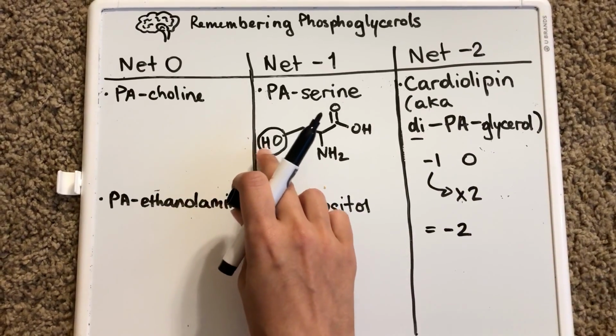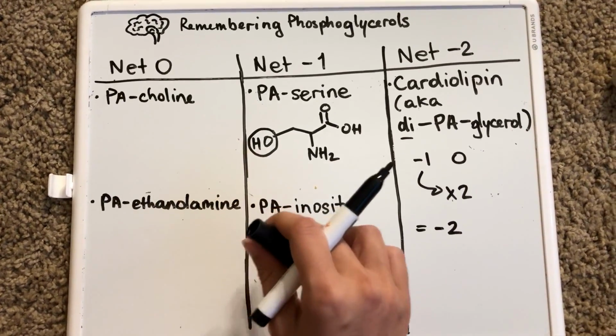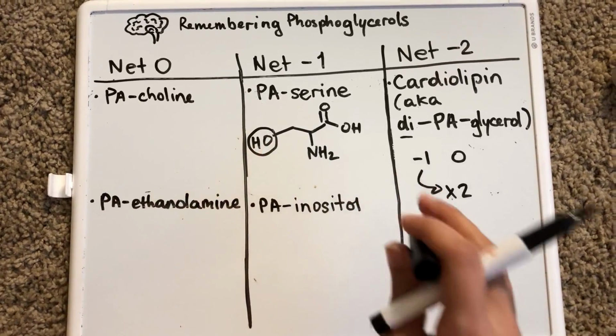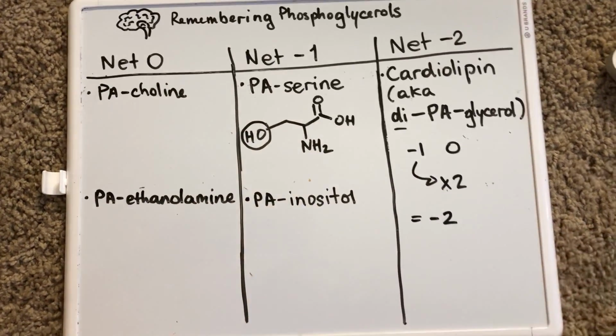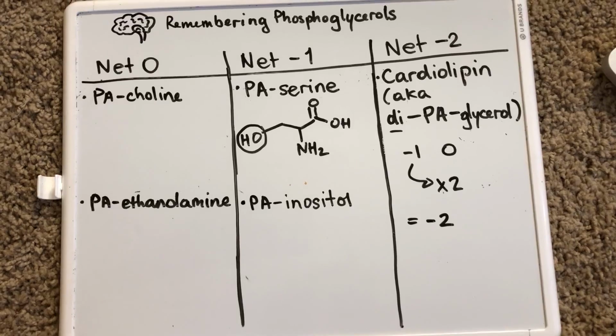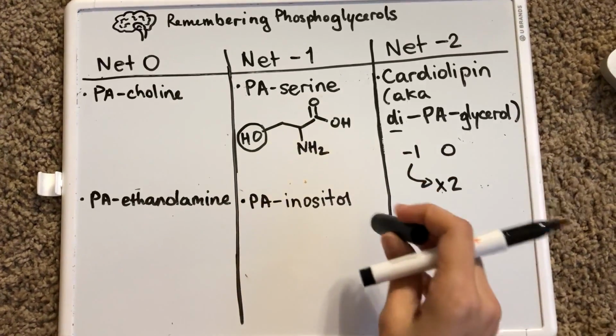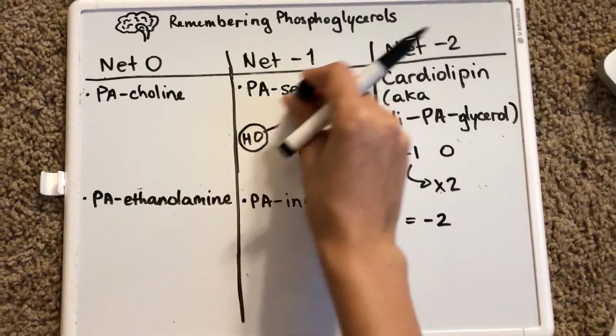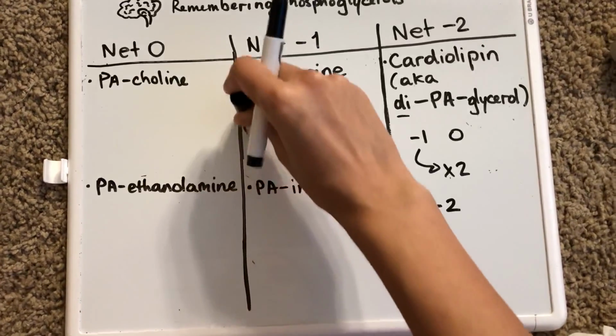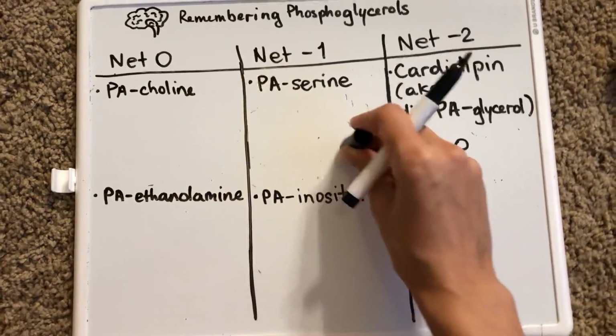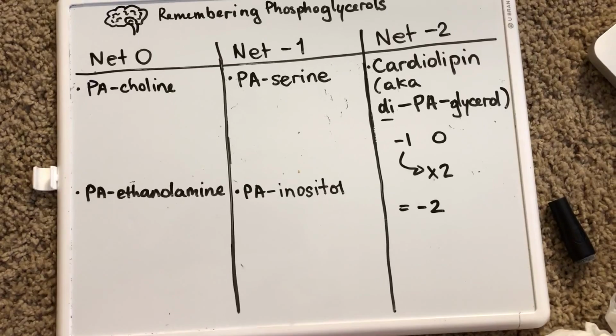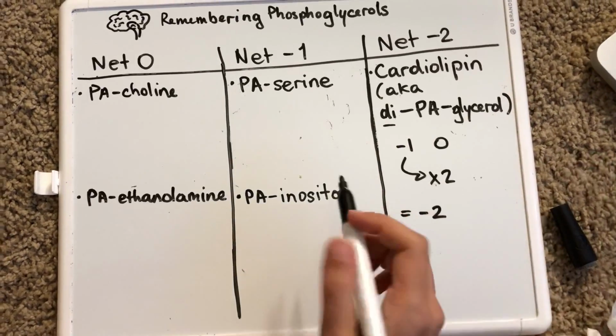So the hydrogen is removed and the oxygen is attached to the phosphate group. So that looks something like this.